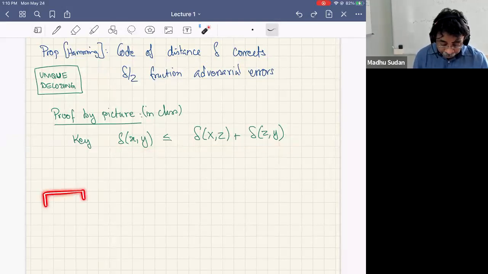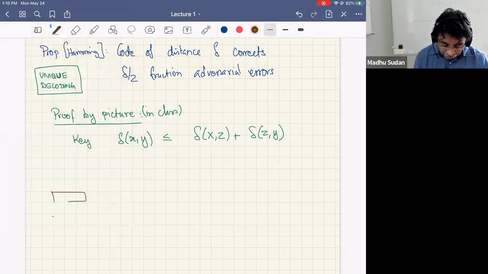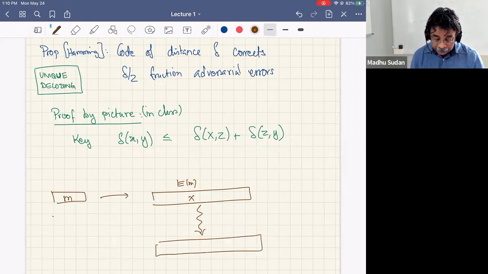Suppose I start with a message. Let's start with a message M, transmit it. So maybe after encoding of the message, I get some sequence X. The noisy channel acts on it and changes arbitrarily less than delta over 2 fraction of the coordinates, let's say.